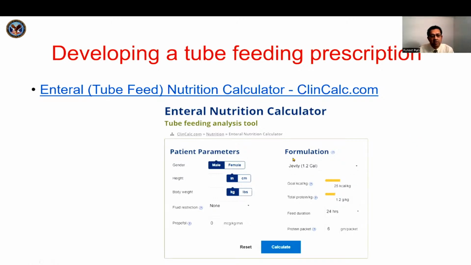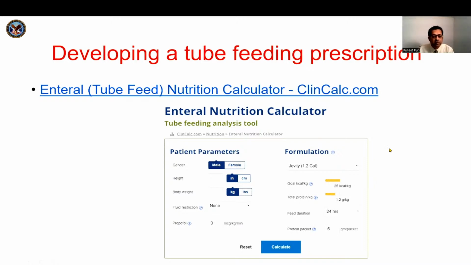You enter certain patient parameters such as gender, height, weight, and fluid restrictions, if any, and whether they are on any additional agents like propofol, and the formulation for the nutrition supplement like Jevity, and then goals for kilocalories, total protein goals, feeding duration, continuous or intermittent, and the protein packets, and then hit calculate. This will generate your full prescription.